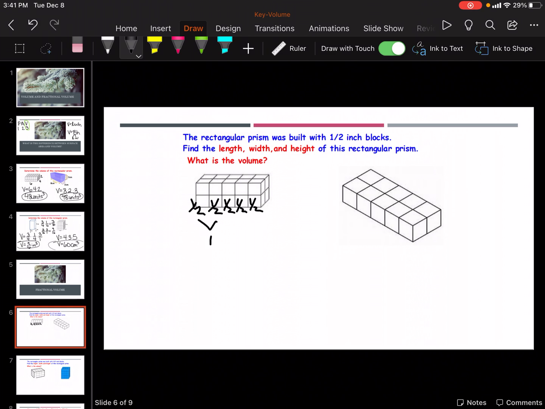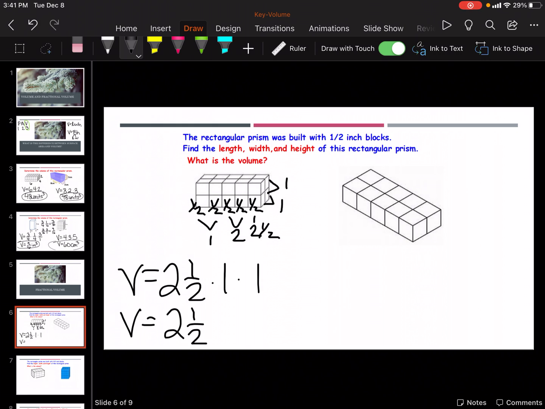Together that's 1, 2, so 2 and 1/2. These are each 1/2, so that's a total of 1. These are each 1/2, that's a total of 1. So volume is 2 and 1/2 times 1 times 1 gives me 2 and 1/2. The question was, what is the volume? So units cubed.